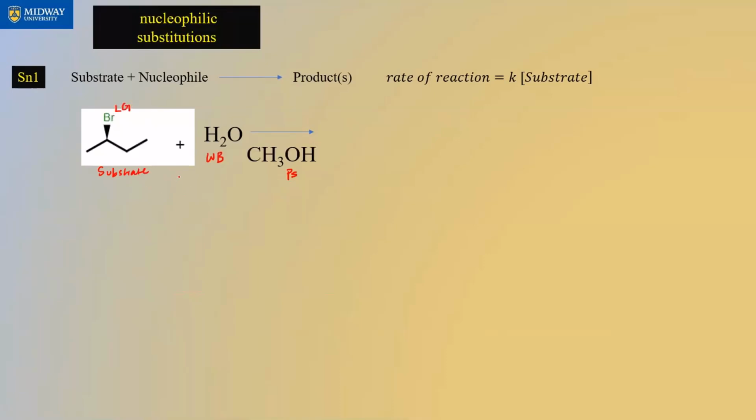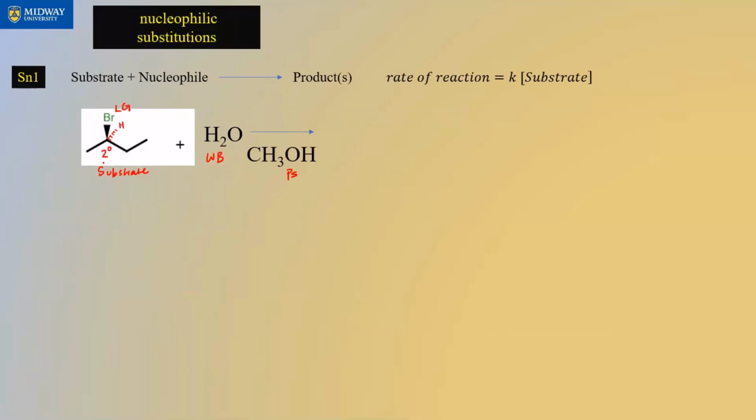The reason it only depends on the concentration of the substrate is that this is a secondary substrate, because it contains 1 hydrogen, so it's secondary. Right away there are clues that tell you it's SN1: it's a weak base, not a bulky base, and it's a protic solvent.